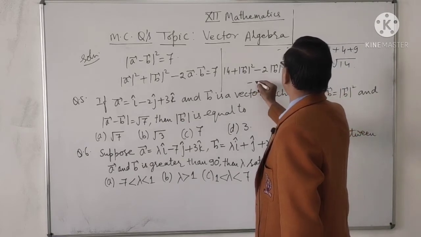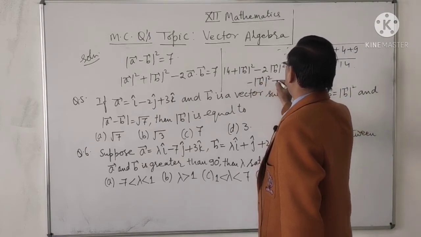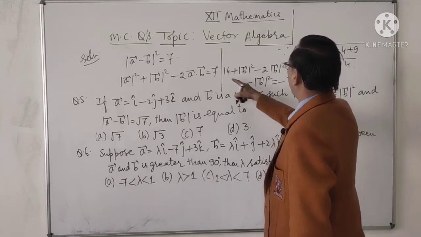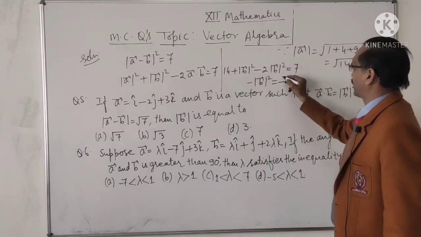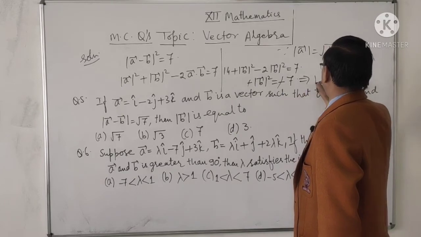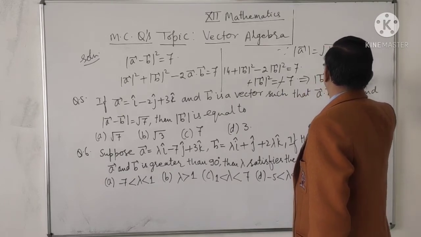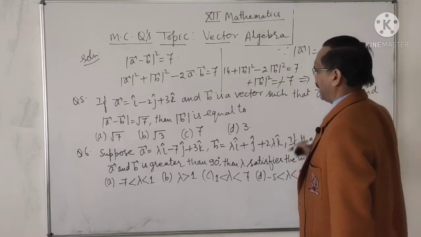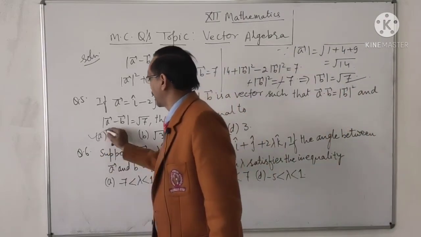Then minus mod B square equal to minus 7, and 7 and minus 14 cancel. From this we will get mod B equal to root 7, and A option is correct here.